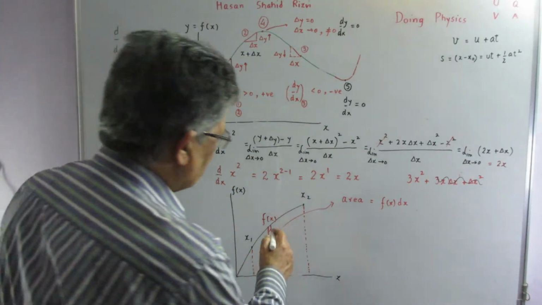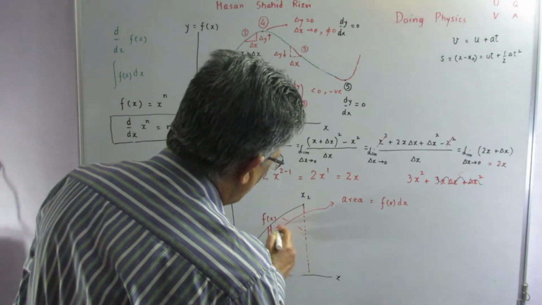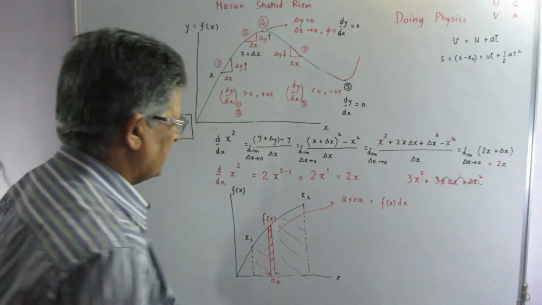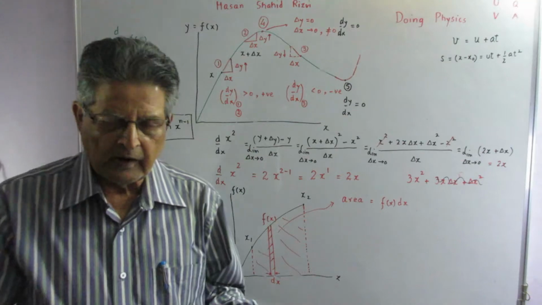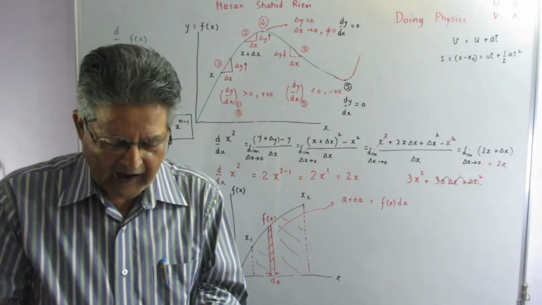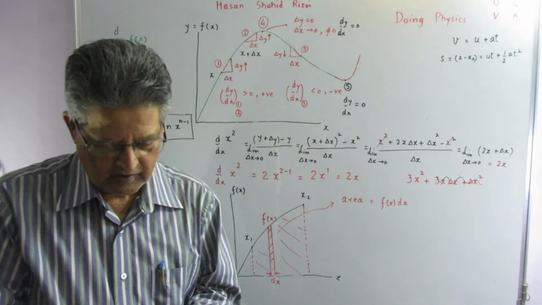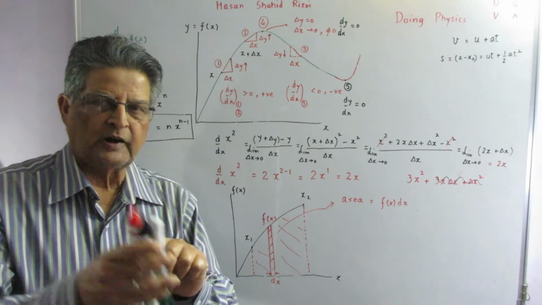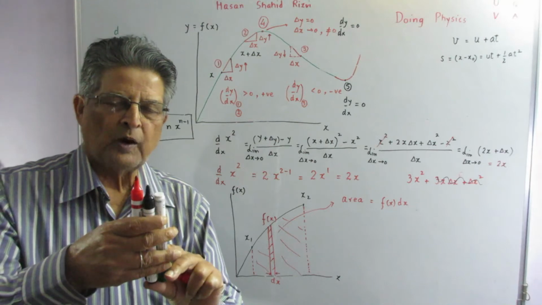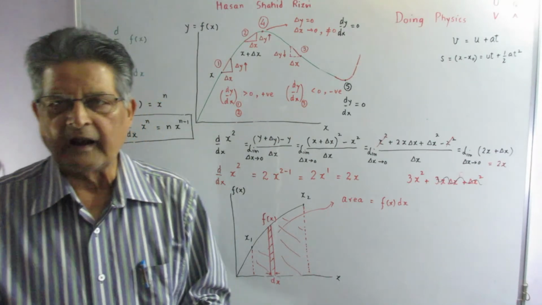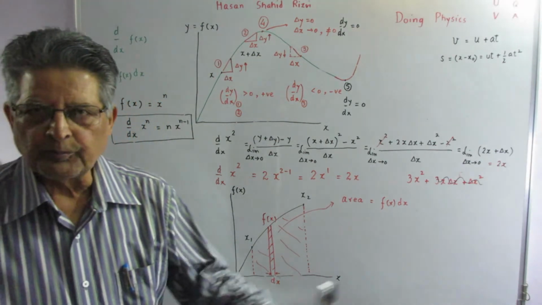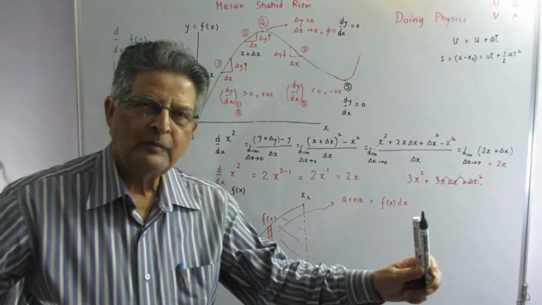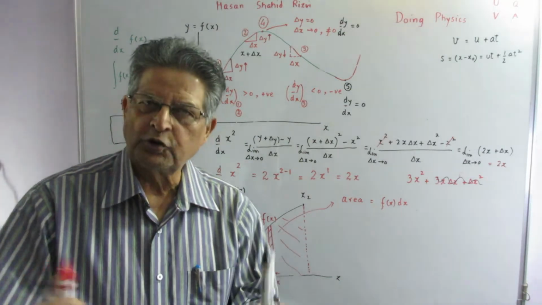The entire area in entirety, what are we doing? We are adding the first, second, third, like that. So I'm adding and adding and adding. That is, I am integrating them together.